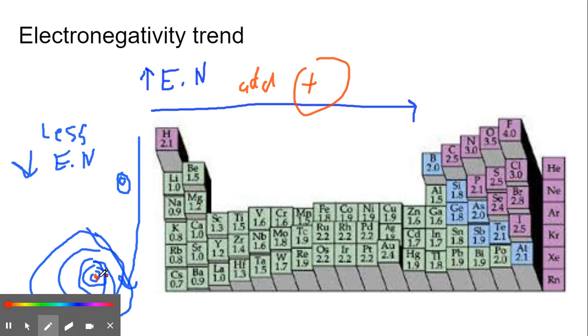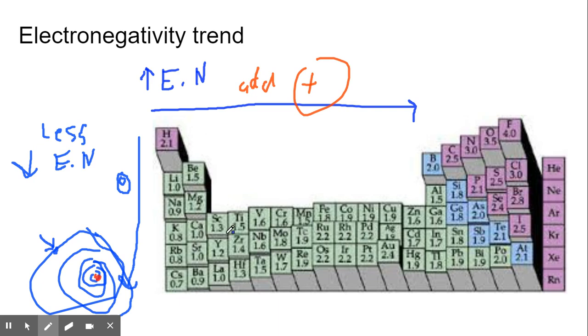The positive charge is so far away from the electrons that it no longer really attracts them. So when we go down, we become less electronegative because we add energy shells. Down here, the electrons are so far away from the nucleus that they're not that attracted.